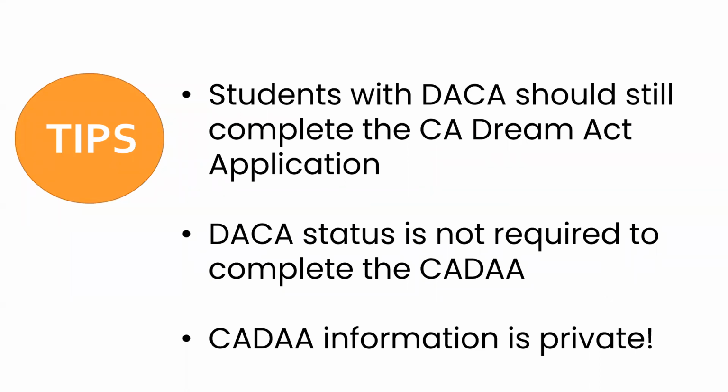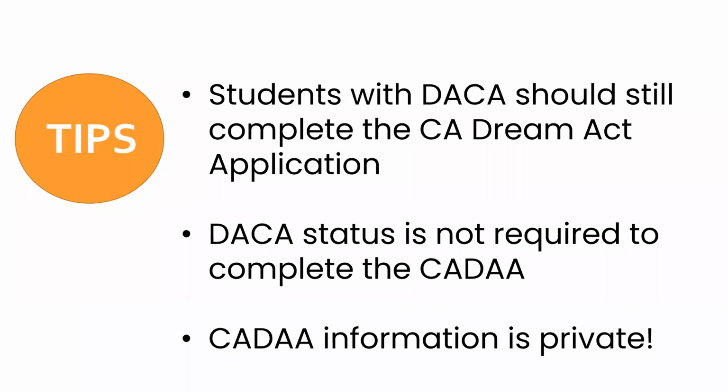Just so you know, too, a parent's citizenship status doesn't impact their eligibility. So it doesn't matter if a student's parent is a citizen or not. That's irrelevant. They're really looking at the student's citizenship status. And then lastly, just to remind students, I think a lot of them are nervous to self-disclose if they are undocumented. And you can just reassure students that the information filled out on the California DREAM Act is not shared with the federal government.